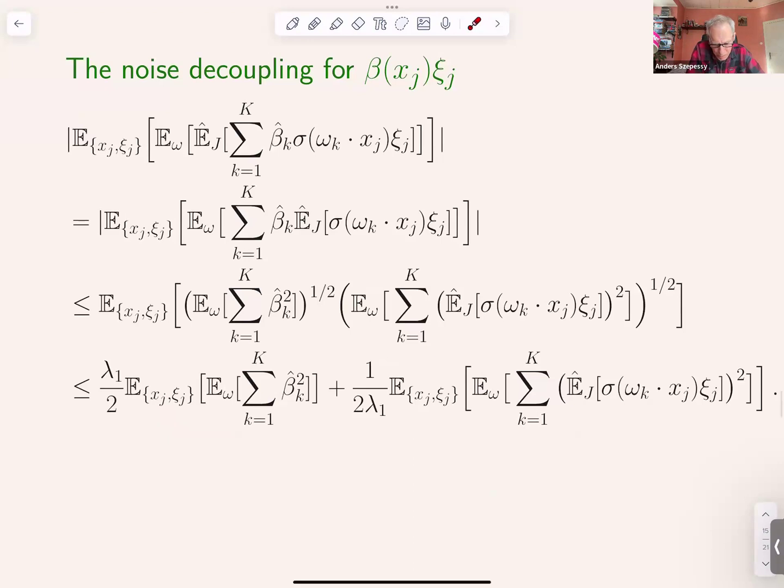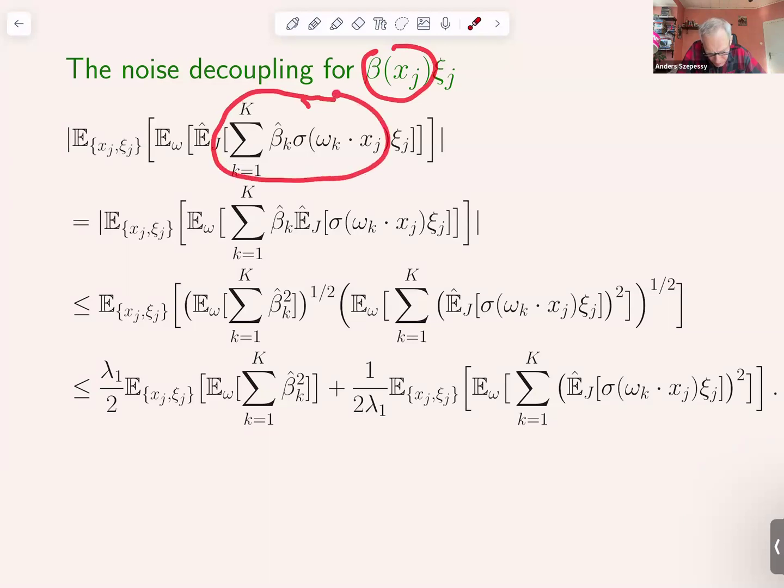So here comes this decoupling. Here is beta, that is this function, and here is the noise, psi j. So this is what we want to estimate. And we will do the same as we did with Cauchy's inequality. So the empirical mean, we move inside, so that the empirical mean hits on X here and on the data. Okay, and then we do Cauchy's inequality with respect to this summation here.